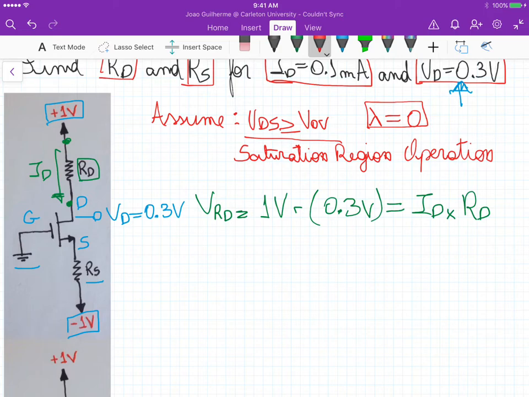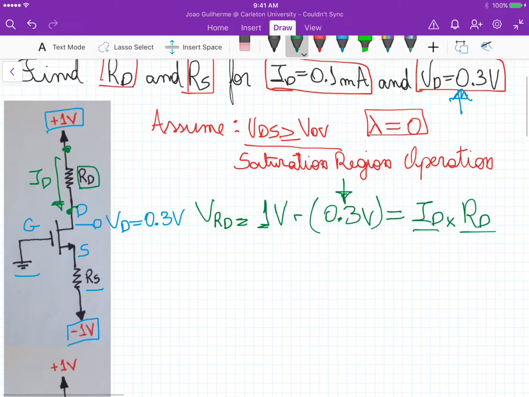Going back to the analysis of the circuit, we are calculating ID here. ID times RD gives us the potential difference across this resistor at the drain. We know the voltage, 1 volt here, and this voltage here is a parameter from the problem. We want VD to be 0.3 volts, so we are going to design RD and RS to give us that.